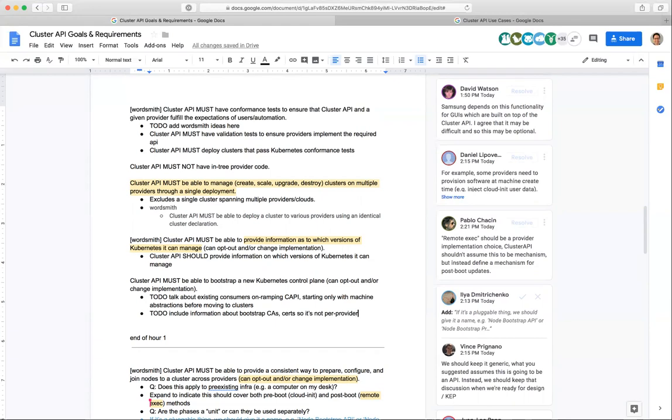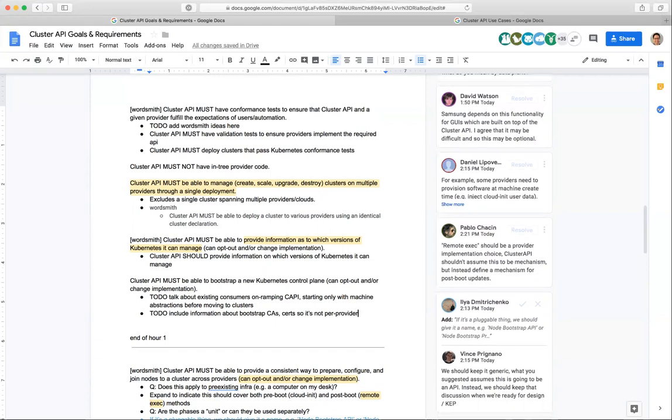So I'd like to see us divide provider into multiple concepts where there's an infrastructure provider that purely does infrastructure. And if we want to have an API or a provider for bootstrap certificate management, I think that's appropriate, and we can have a reference implementation and people can switch to different ones.